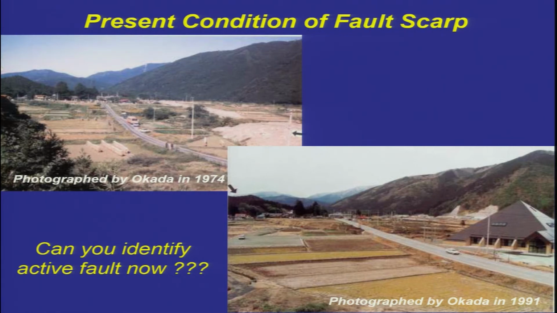So, if you get old photographs of this region, in the case of the Nobi earthquake from 1891, then you will be able to trace that fault very easily. But if you are looking at photographs of, say, 1991, then it will be difficult to some extent, but I do not say that it will be absolutely impossible to identify.